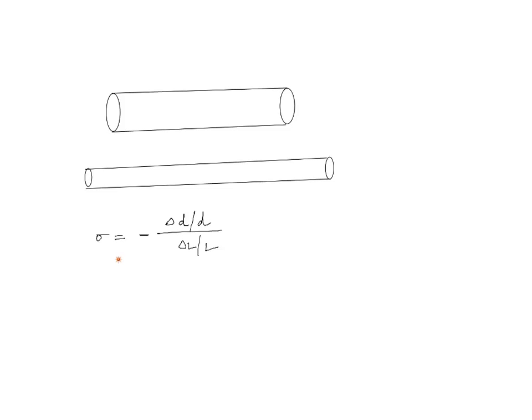Earlier I talked about bulk modulus. 1 upon bulk modulus is called compressibility. The compressibility is simply 1 upon bulk modulus. So these were some definitions and some concepts.